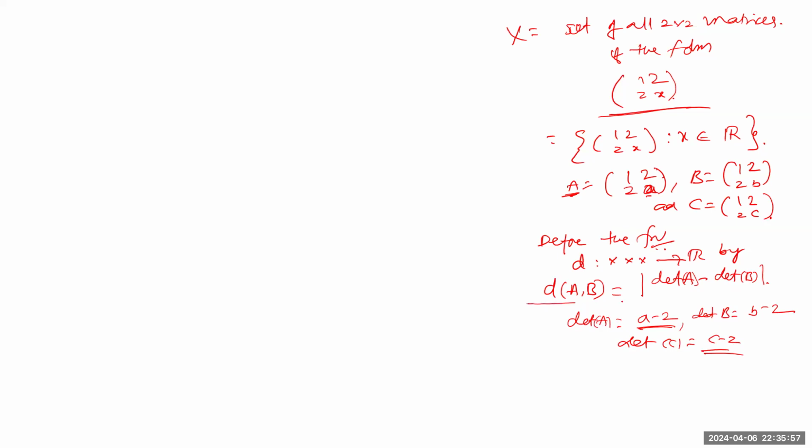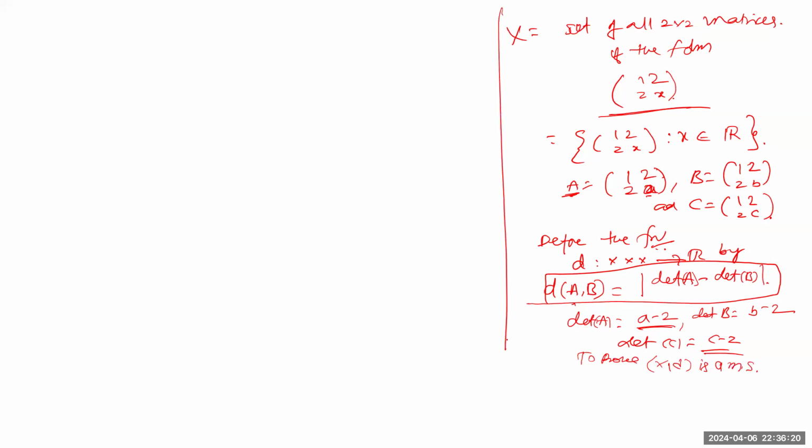This is my function. What am I going to prove? To prove that this d is a metric, and hence X comma d is a metric space. That is my target.